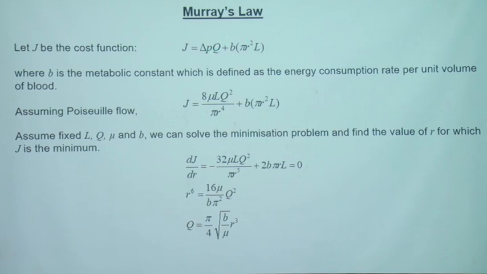The second part is the metabolic demand, the metabolic requirements, and this is related to the volume of the blood, which is given here. A is the radius of the pipe, and L is the length of the pipe. And B is a metabolic constant, which we assume is constant, and then we solve this problem.